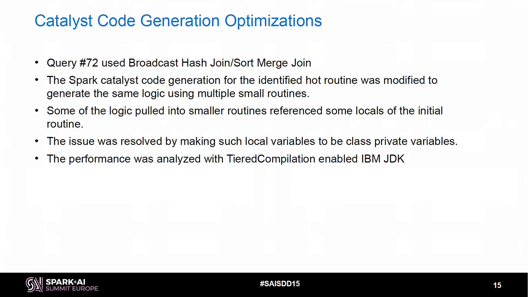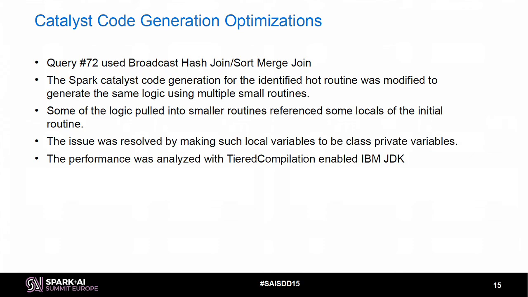To achieve this, we noticed that the query used broadcast hash join and sort merge join, so we had to modify the code that is generated for these operators. We tried to split the logic into smaller routines.